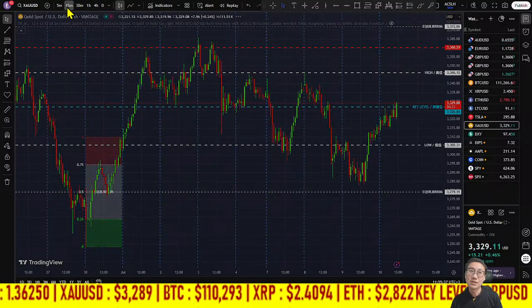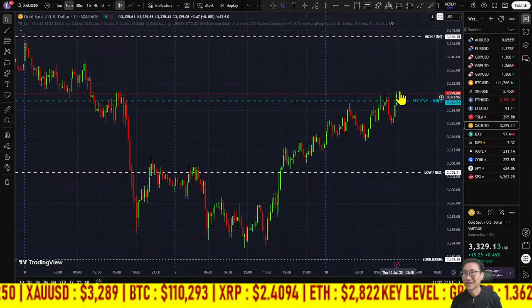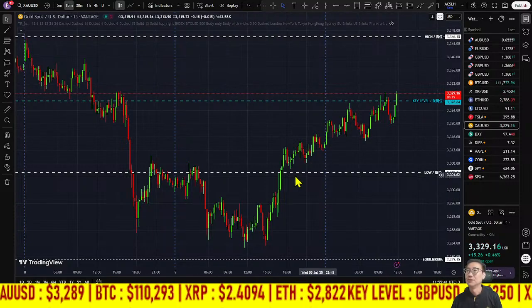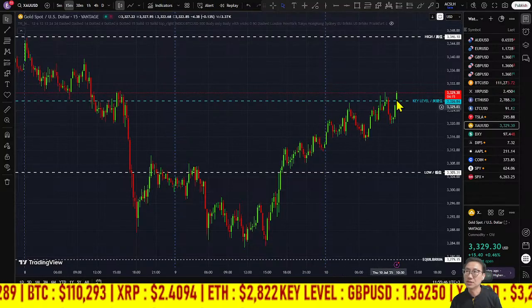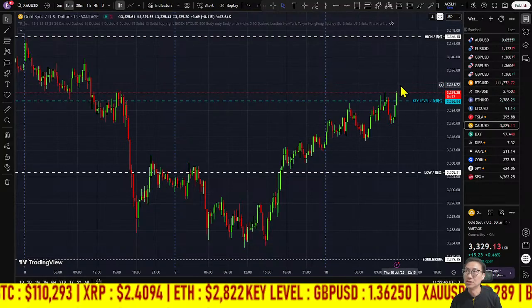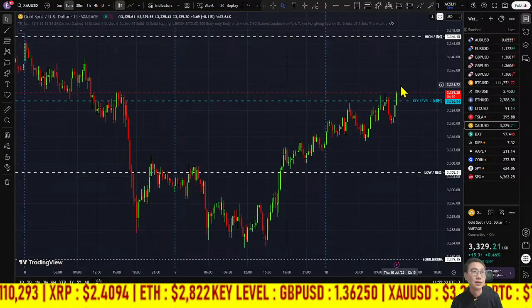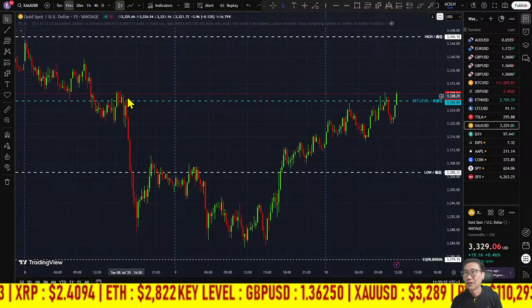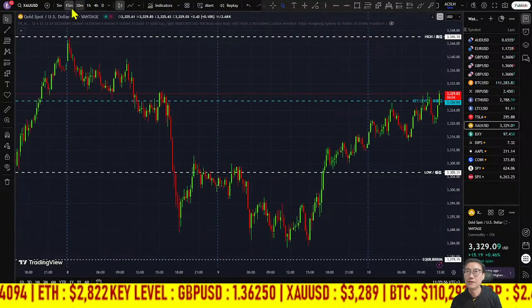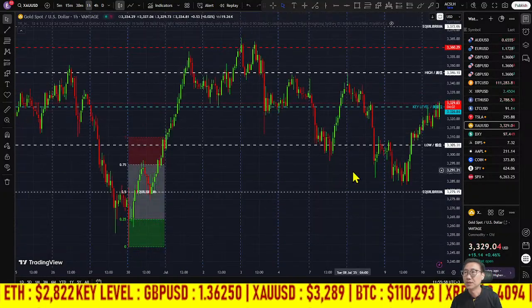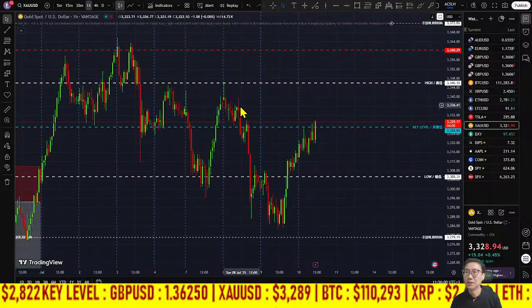The current situation is that it breaks out nicely, very bullish. So there's a good chance that the buyers are actually in the market. Currently this area has been taken out, so we are left with a little bit up here.